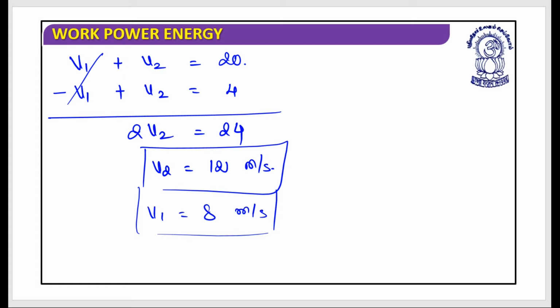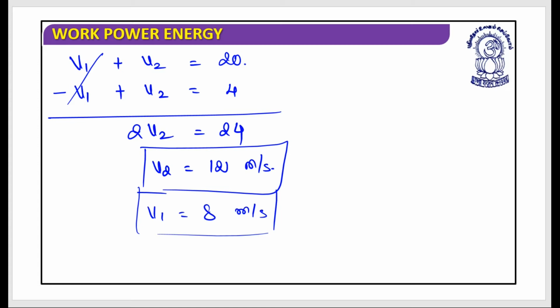Yes, you can find the loss in kinetic energy, the change in kinetic energy, what fraction of energy has been transferred, what fraction of kinetic energy has been retained, each and everything.